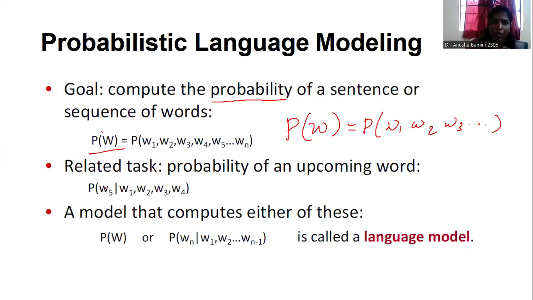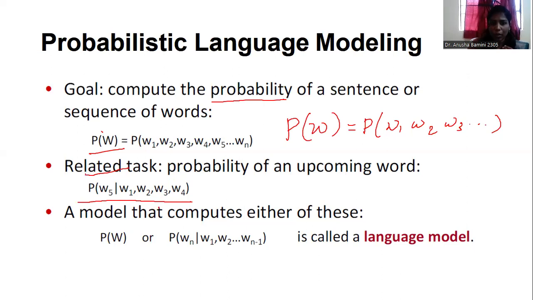For that, the related task is the probability of an upcoming word. It can be represented by the equation P of W5 given W1, W2, W3, W4, which means I am calculating the probability of word 5 based on words 1, 2, 3, and 4. This is how we write the equation.